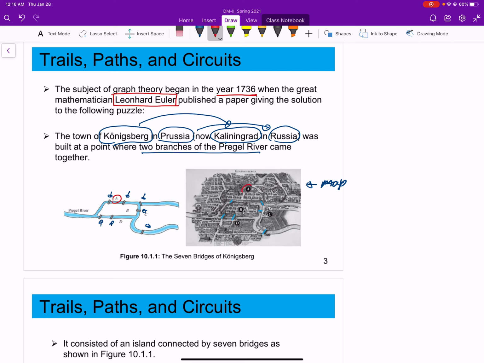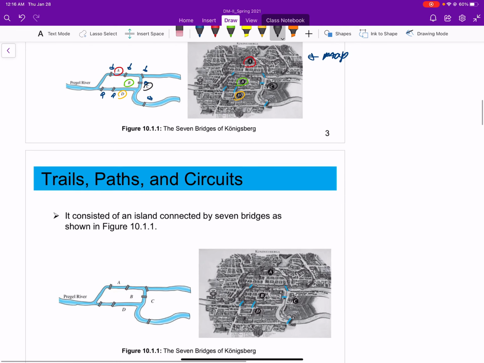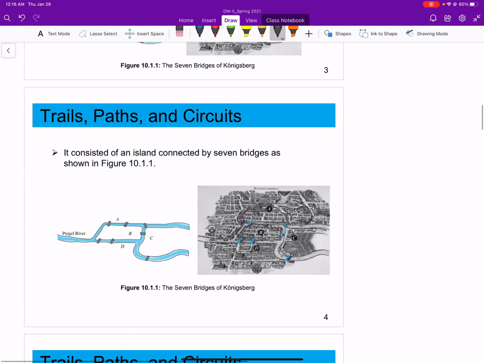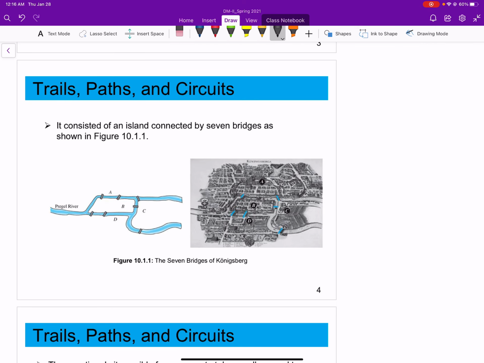A here, A there, B, another part of the city, another part of the city, and then here D, and finally C. Okay. So in the next slide, I say it consisted of an island connected by 7 bridges, as shown in figure 10.1.1. All right. So these are the 7 bridges. So one bridge here.